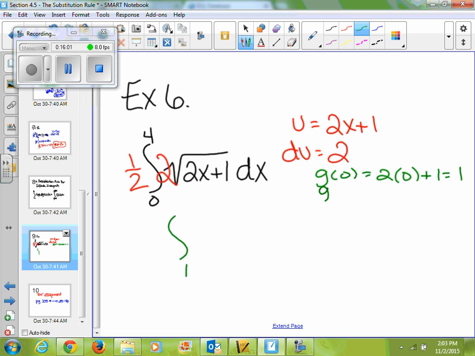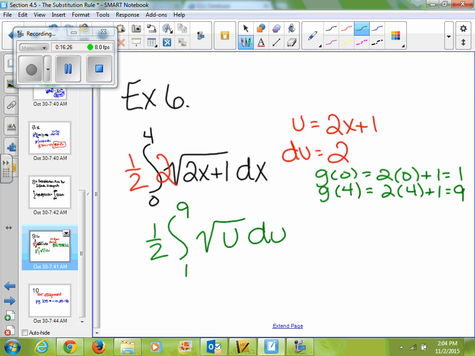If I want to find my new upper limit, I'm going to plug in 4 to my u equation. So then 2 times 4 plus 1, and 2 times 4 plus 1 is 9. My new upper limit is 9. So I'm left with 1/2 square root of u du from 1 to 9.